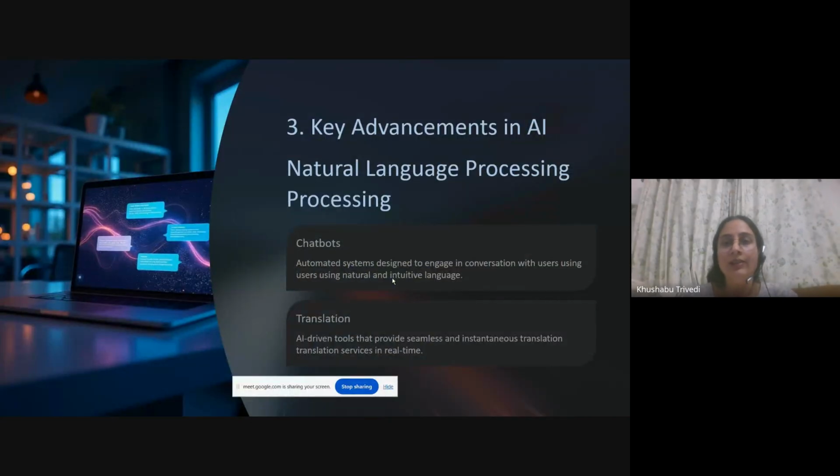So what are the key advancements? First, natural language processing, in which we are using chatbots to engage in conversation with users using natural language easily. We also use AI tools in translation to provide seamless and instantaneous translation in real time.